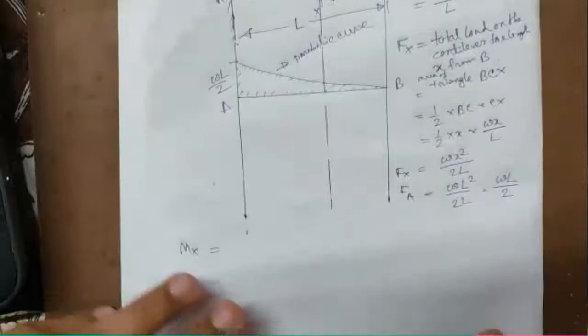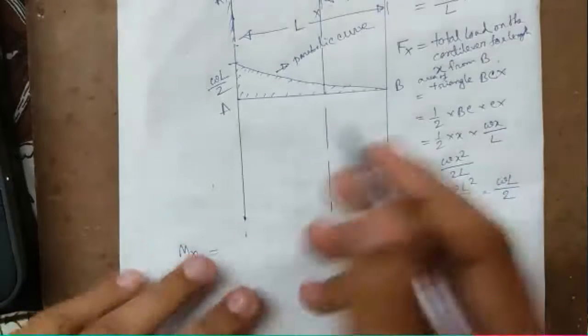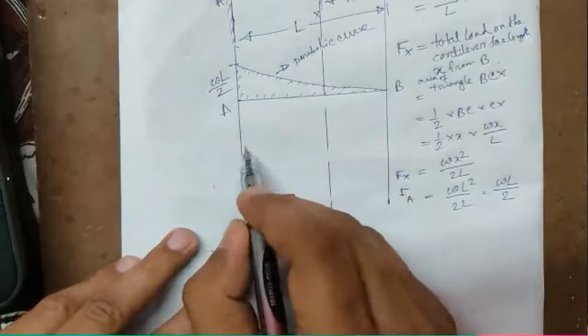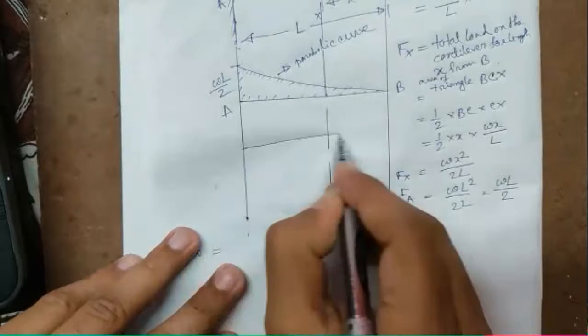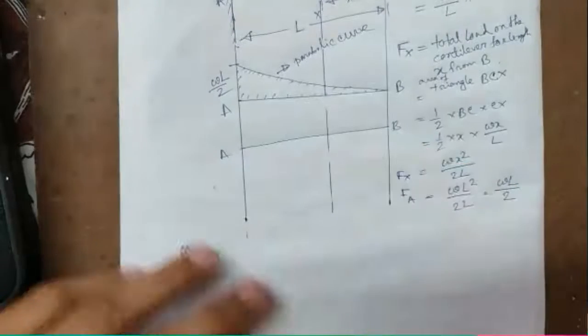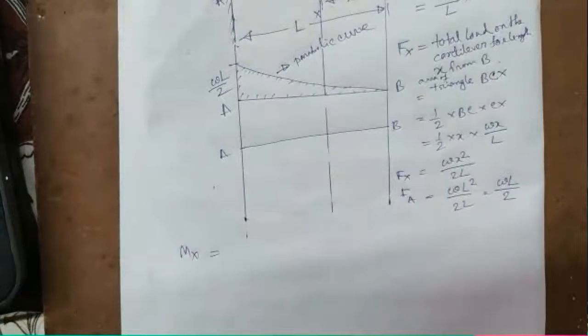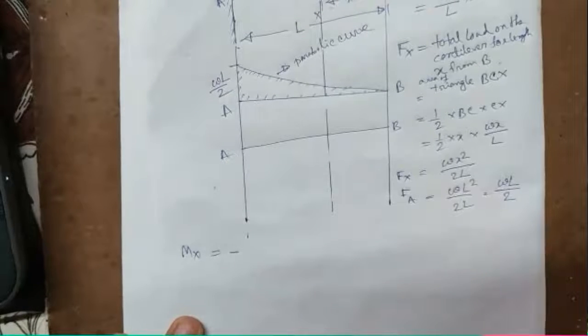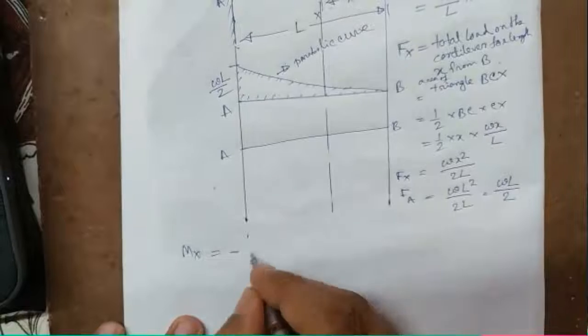Now if we want to find out the bending moment, we can easily understand from the previous rules that the bending moment will be negative for this condition. So the bending moment for the right of the section XX will be negative. Now how can you find it out?